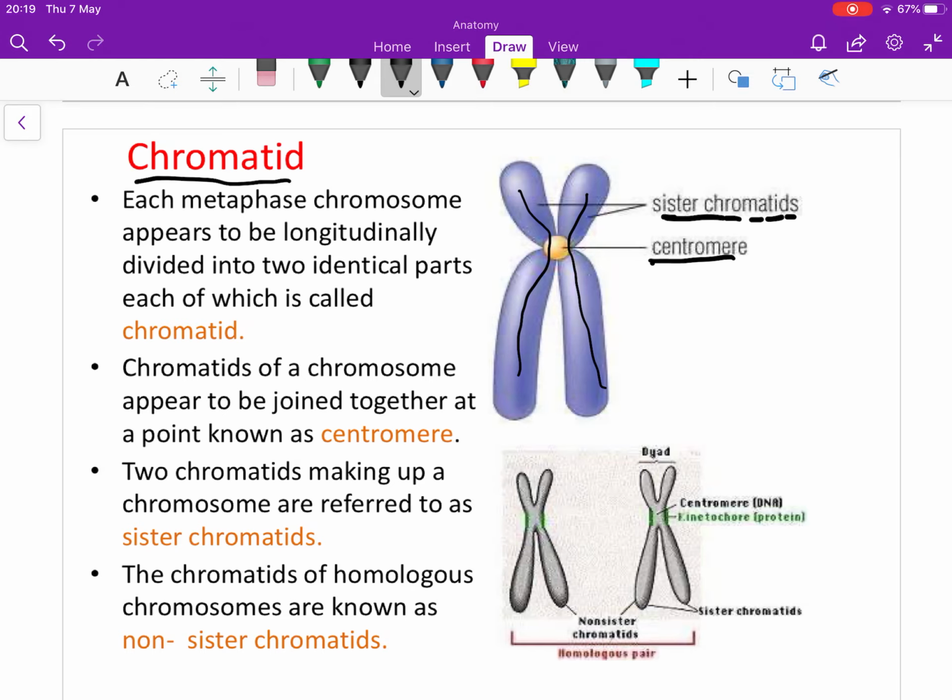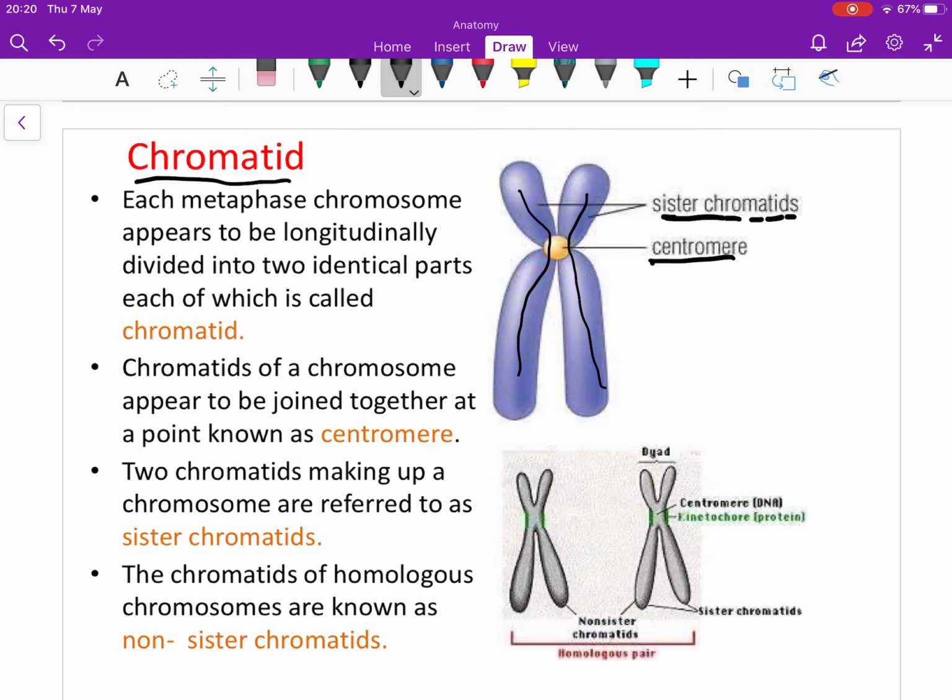The two chromatids making a single chromosome are called sister chromatids. And see, there are two same chromosomes, and the same chromosomes are known as homologous chromosomes. So, in this homologous pair of chromosomes, there are sister chromatids.